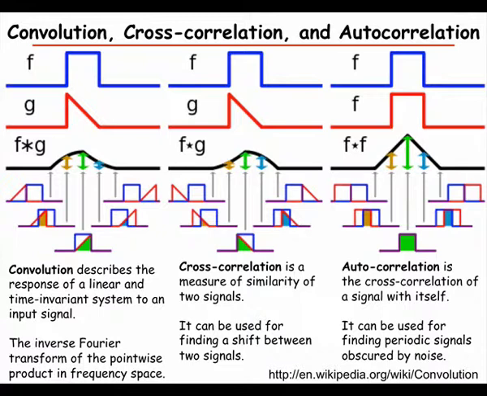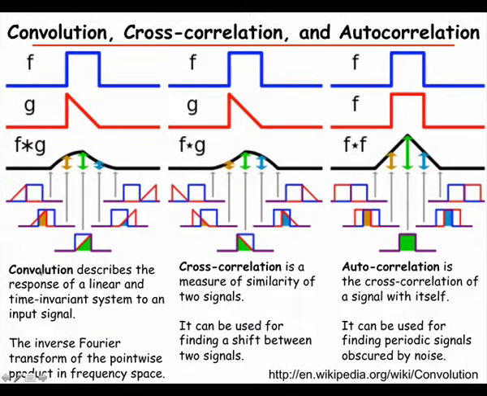So we talked about convolution. There are some other things that are related to it: cross-correlation and autocorrelation. We talked about convolution, that we used it to smooth.